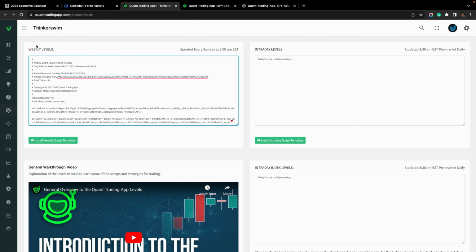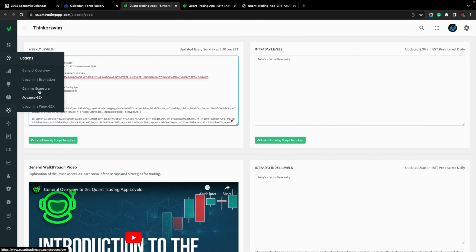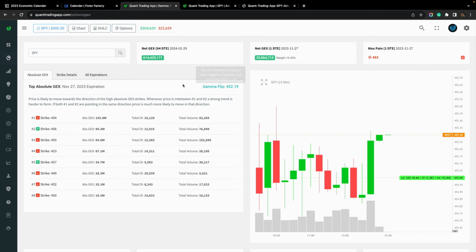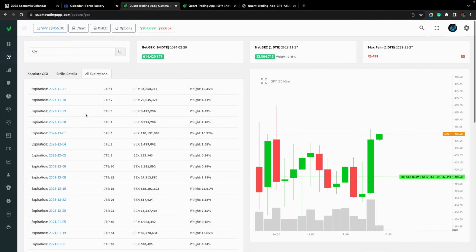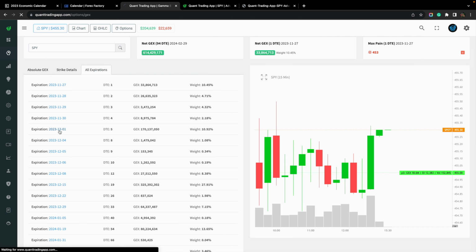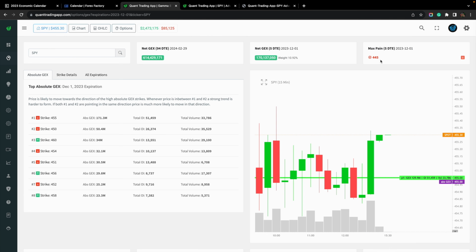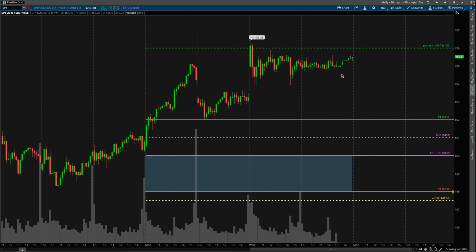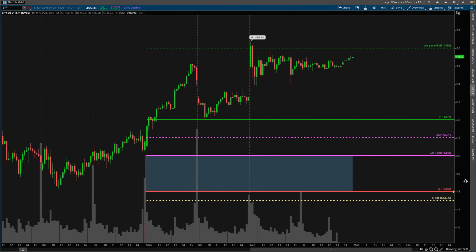If we were to take a look at what the max pain was for this upcoming week, that can also help us, and you can plot that on your chart, but there's no need to do that because you guys know it's part of the intraday script. But for this video, let's just click to the Friday expiration and see the max pain strike is 445. If we come here, 445 would be all the way down here.